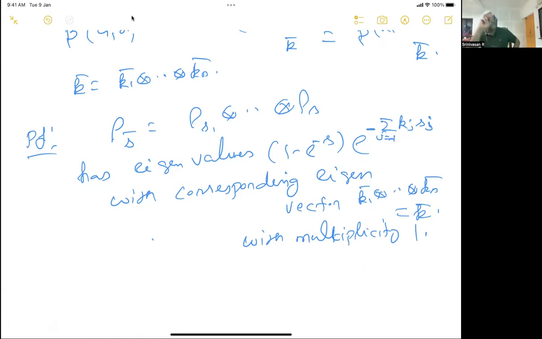Suppose some other Sj is a summation of Kj Sj, then the eigenvalue will repeat, right? If it is linearly dependent, it will repeat. So you cannot write any other Si as a linear combination of the other ones. If you can do it, then the eigenvalue will repeat, right? So here it will not repeat.